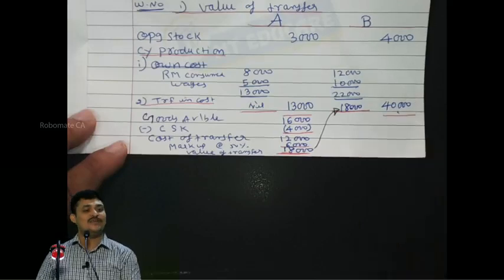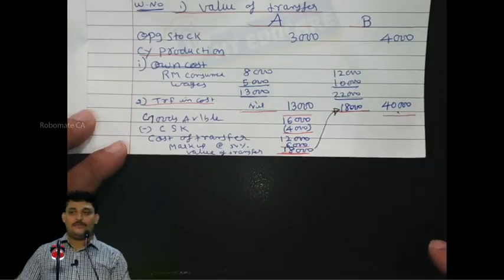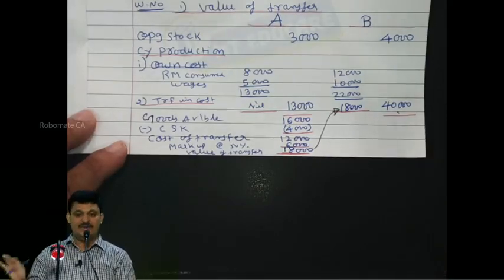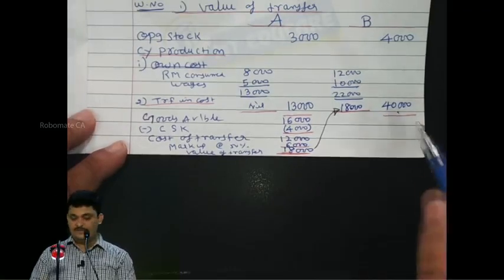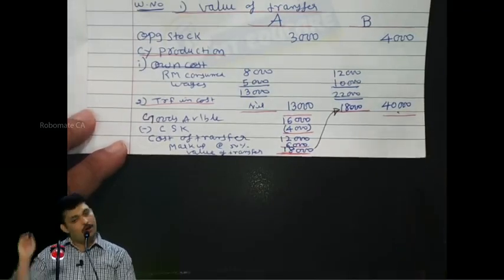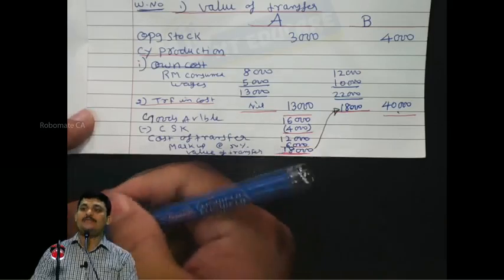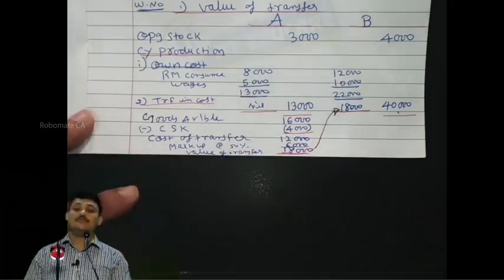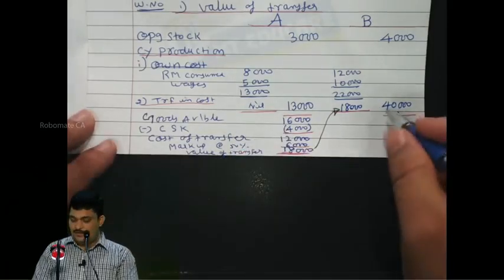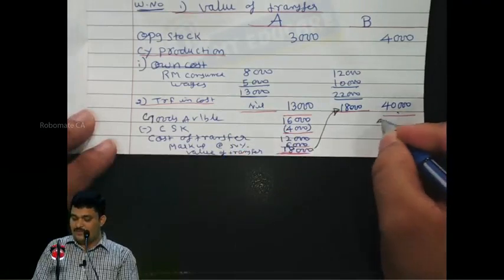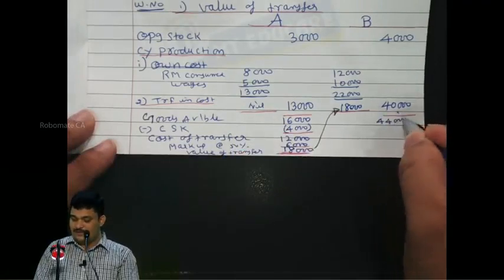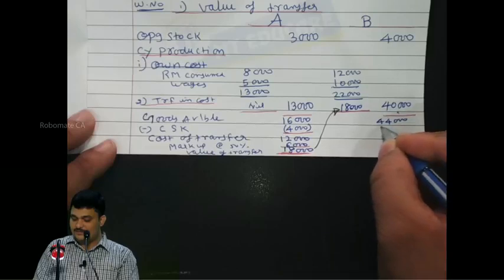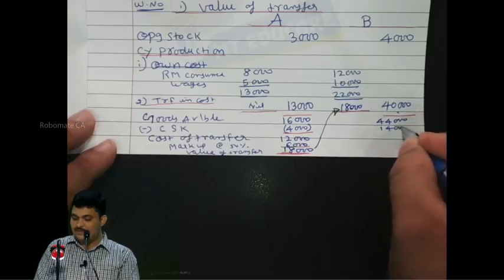So what is 40,000? Production during that year in department B. What is 4,000? Opening stock of finished goods, which means in that department B, what was the goods available? 44,000. In this, closing stock is 14,000.